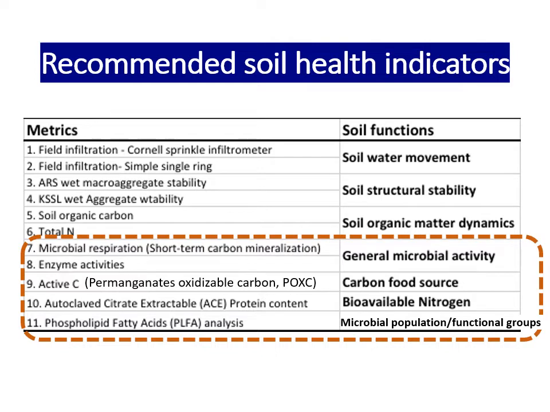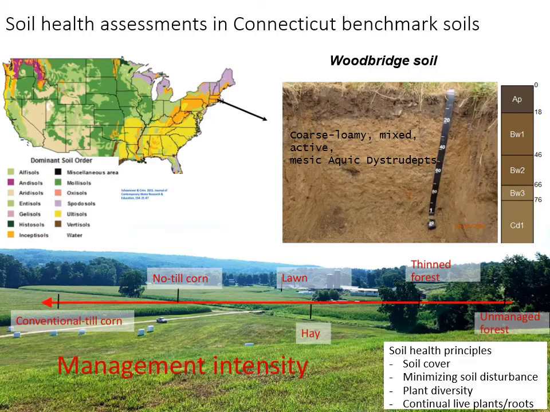Also, DNA sequencing is a widely used method to provide detailed information on microbial diversity and community compositions. And we want to know whether the detailed information on microbial diversity will be valuable or useful for soil health assessment.